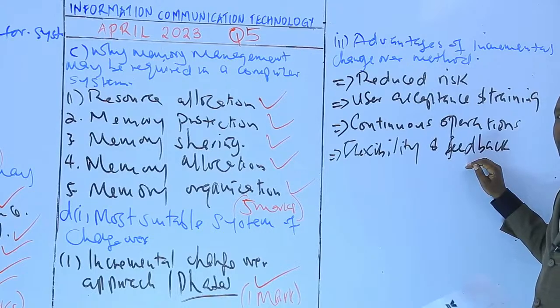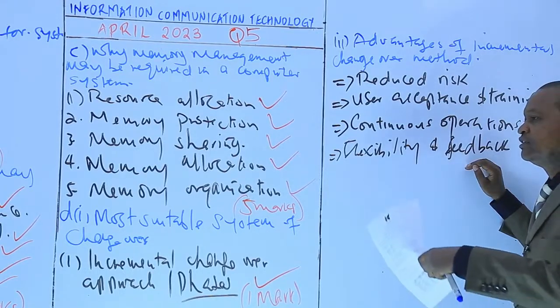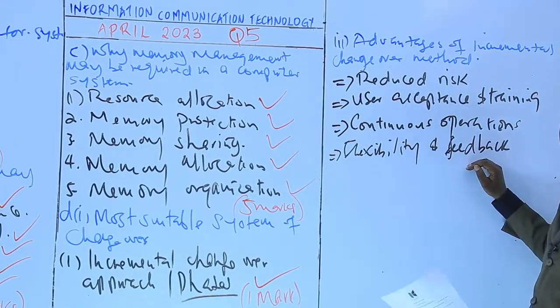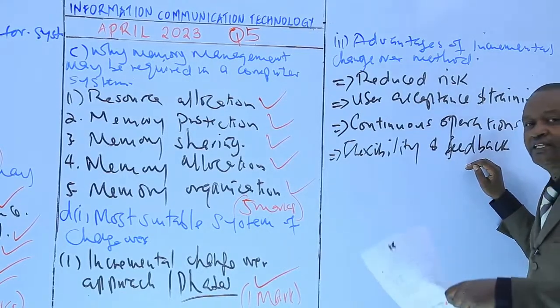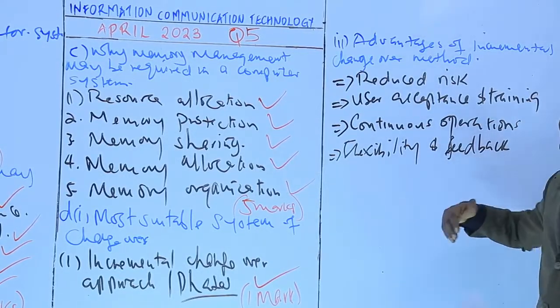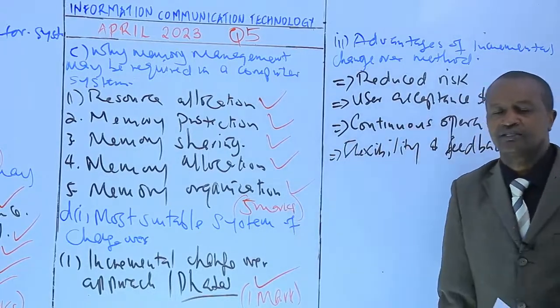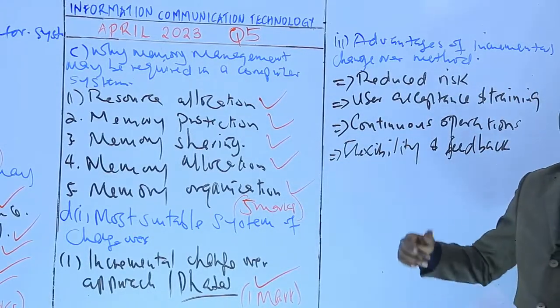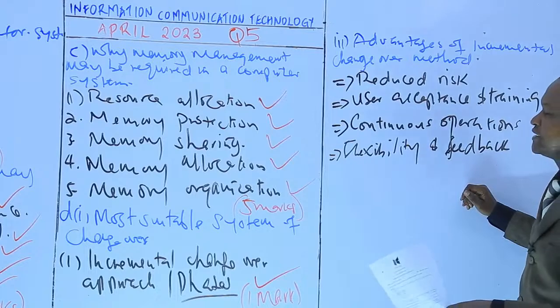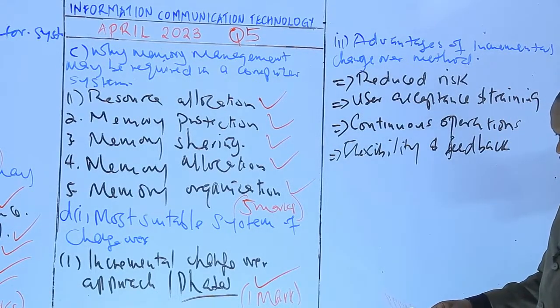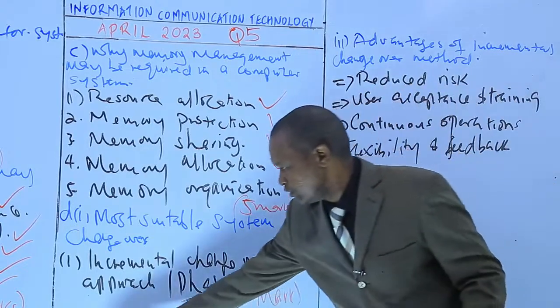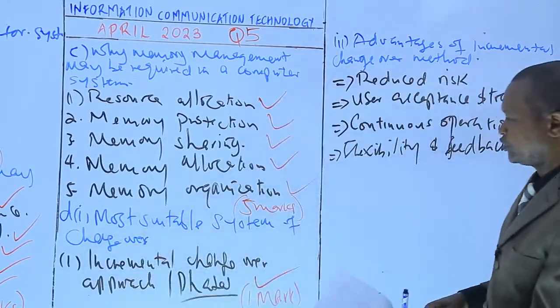That means adjustments and improvements can be made based on user feedback and lessons learned from earlier phases, and that enables the organization to refine and enhance the system as it progresses, thereby increasing the likelihood of a successful implementation.